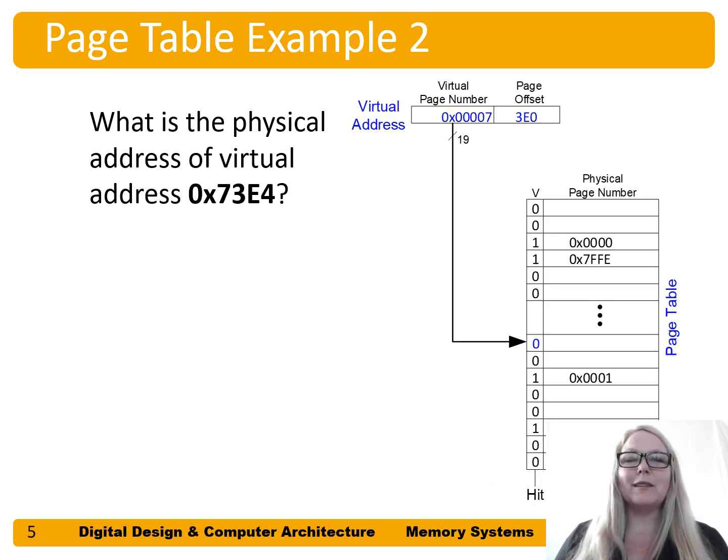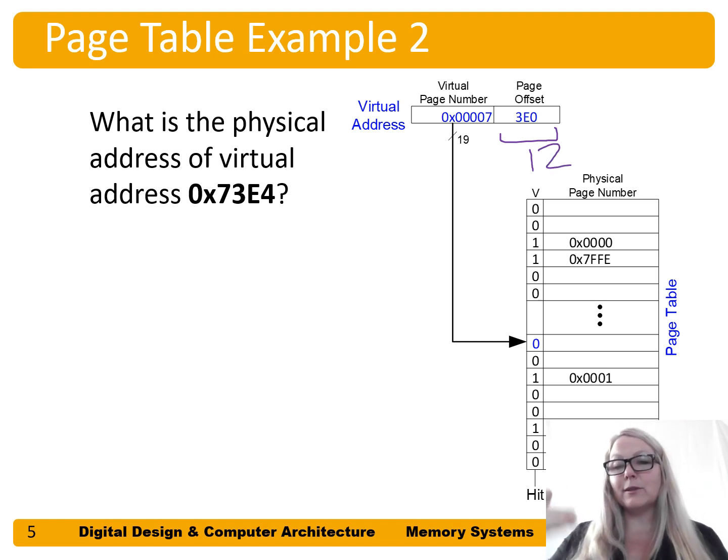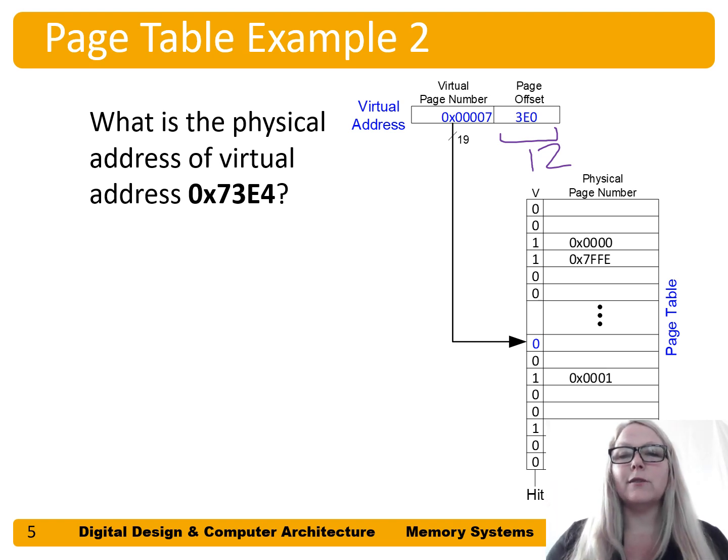Here's a second example. What's the physical address of virtual address hex 73E4? So again, we just look at the upper bits. These lower 12 bits are the page offset, so we don't look at those 12 bits because those will stay the same. This is basically which word within that page we're looking for. We use the virtual page number, the upper 19 bits, to look at entry 7 in the page table, and we see that it's invalid.